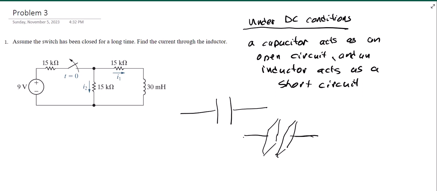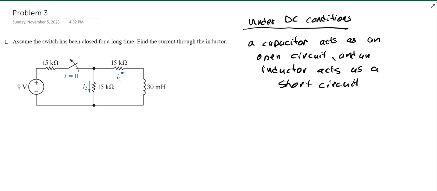and so it acts as an open circuit. So what I like to do when I am drawing these things under DC conditions is redraw them with the capacitor and the inductor as open circuits and short circuits. We're not using the switch in this one.